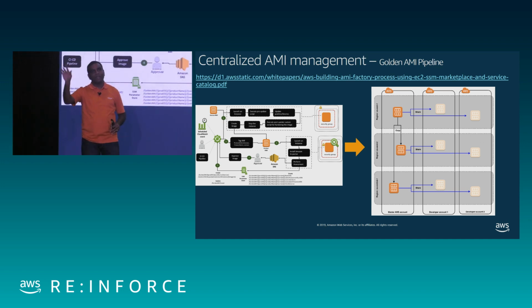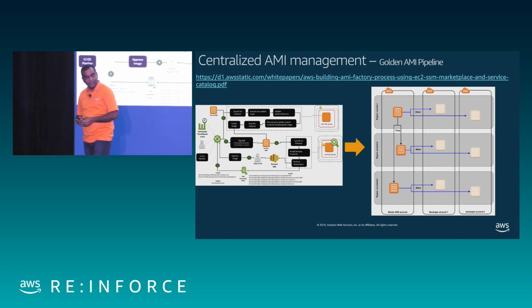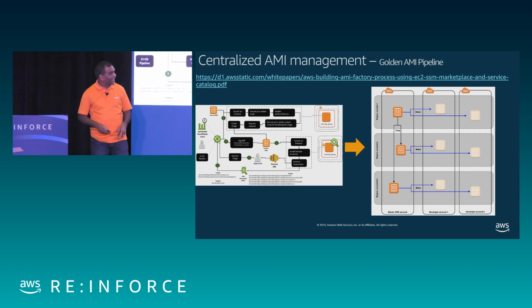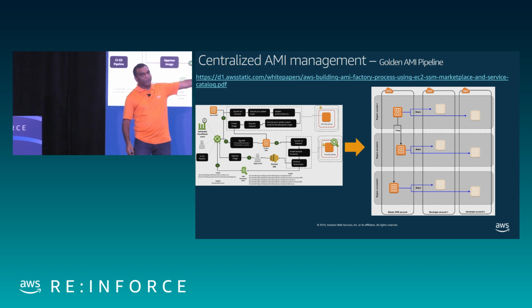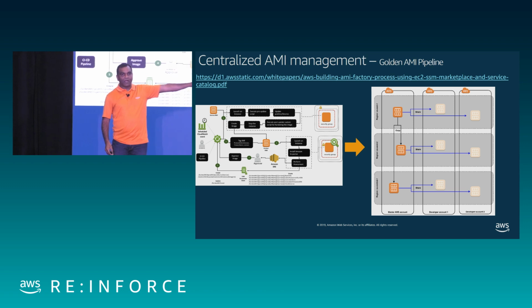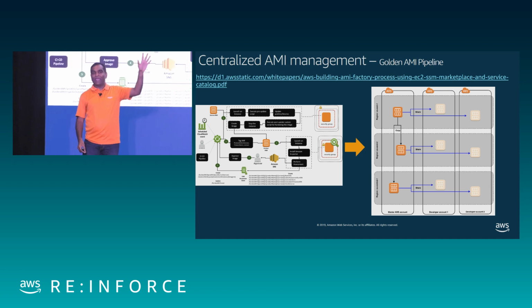We will look at how the dashboard looks. This diagram is showing exactly that: here is a process to create the golden AMI, and once you create it, you share it with all your accounts so that they are forced to use only your golden AMI, right?